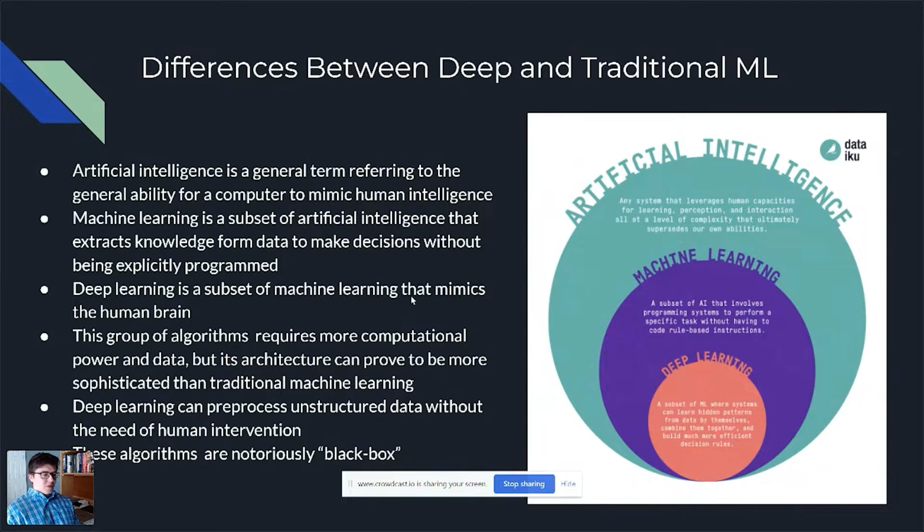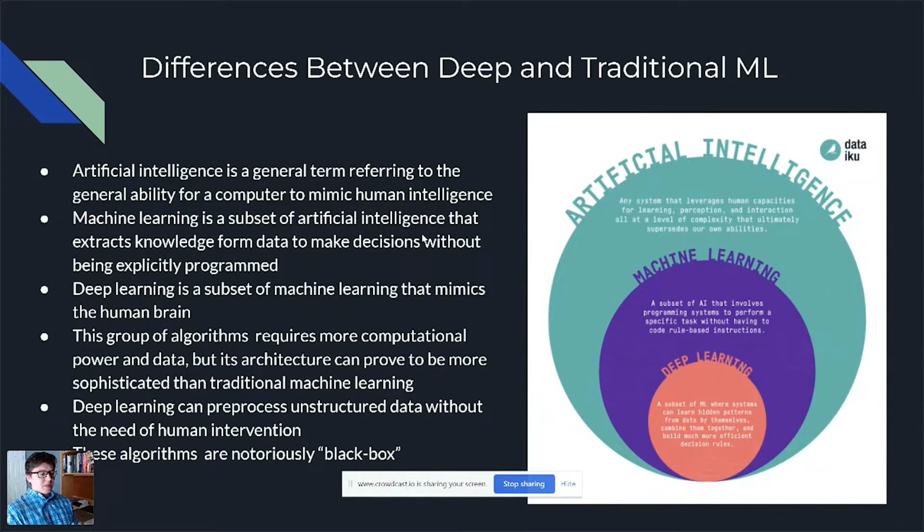So this is one of my favorite diagrams. You might be wondering, what's the difference between neural networks and traditional machine learning? Well, neural networks or deep learning are a subset of machine learning, and machine learning is a subset of artificial intelligence. You can think of artificial intelligence as a general category for people using computers to mimic human intelligence.